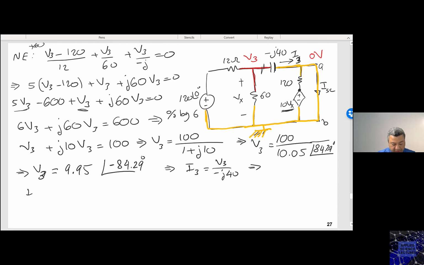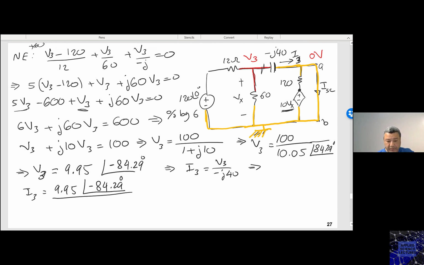So I have I3 as 9.95 angle minus 84.29 degrees divided by. Now minus j40 is a rectangular format complex number.